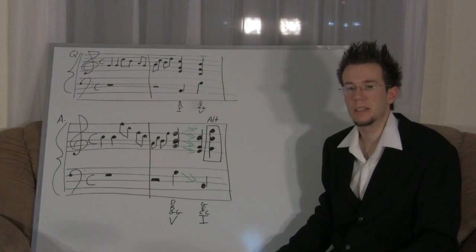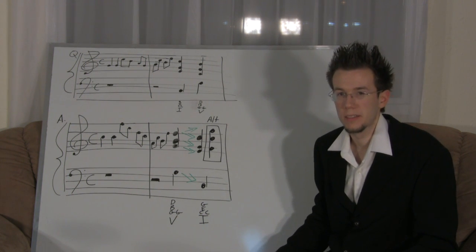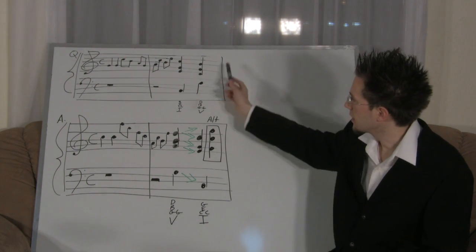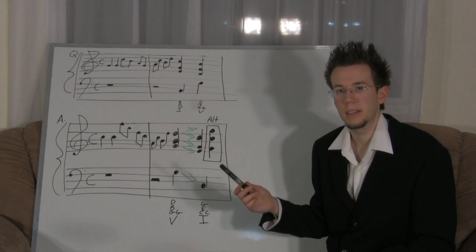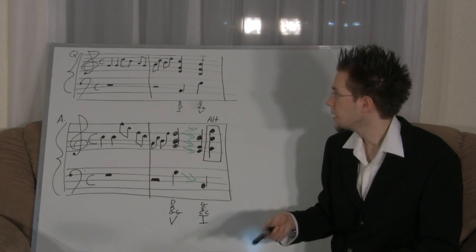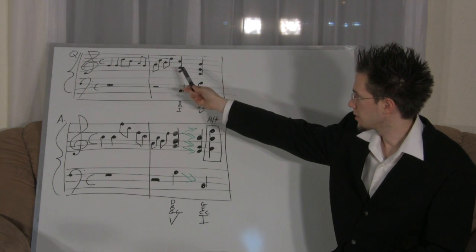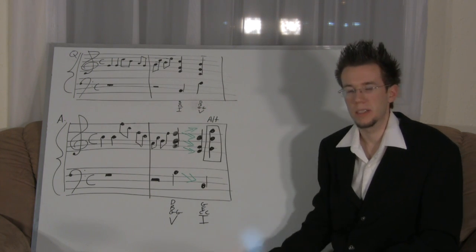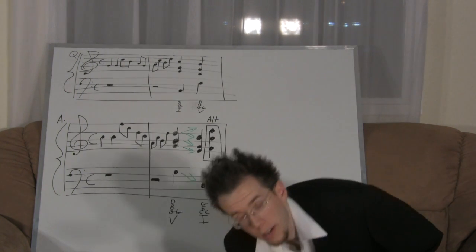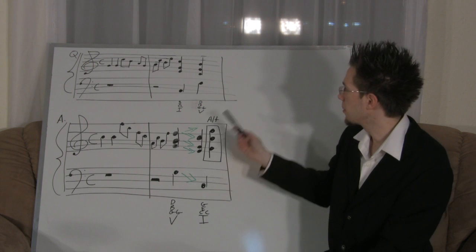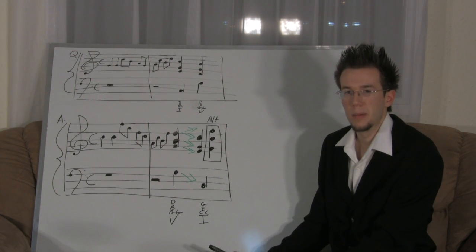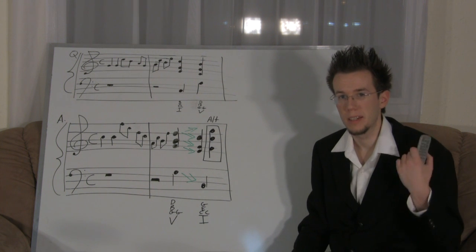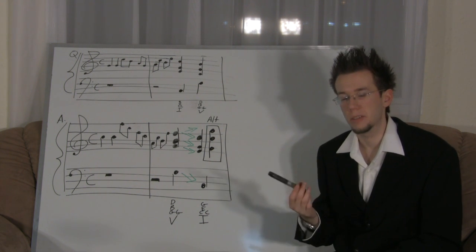You'll notice I'm writing this in keyboard style, right? That's because the way this is all set up, generally you're going to either be writing the whole thing in keyboard or the whole thing in choral. And because I only have one voice going here, it doesn't really make sense to write this in choral style. So we're just going to do this in keyboard, but now I've taught you how to write cadences in keyboard style and also in choral style.